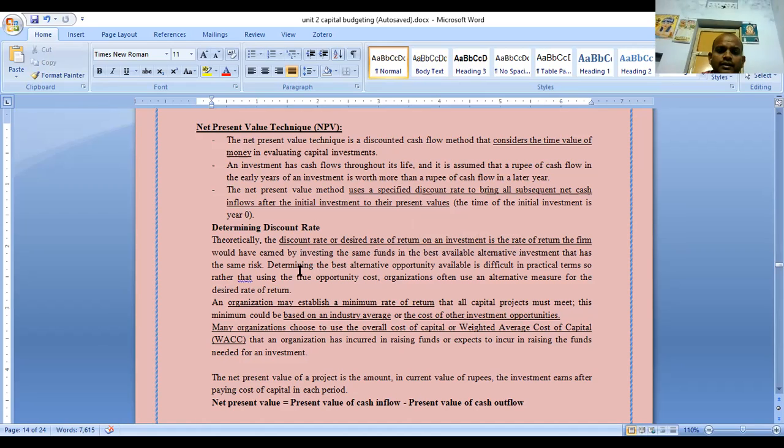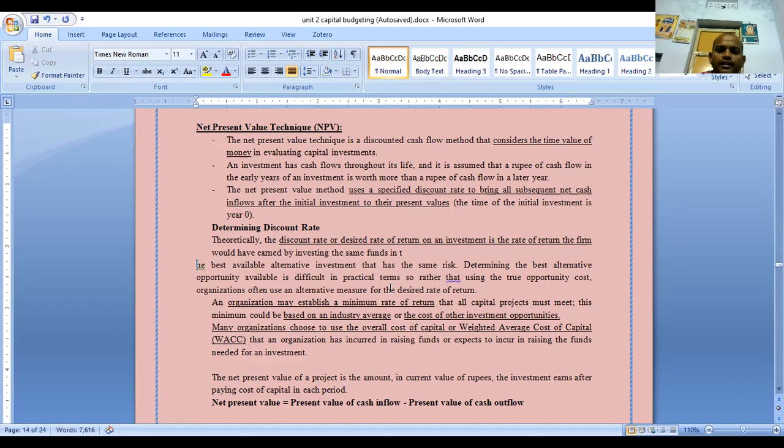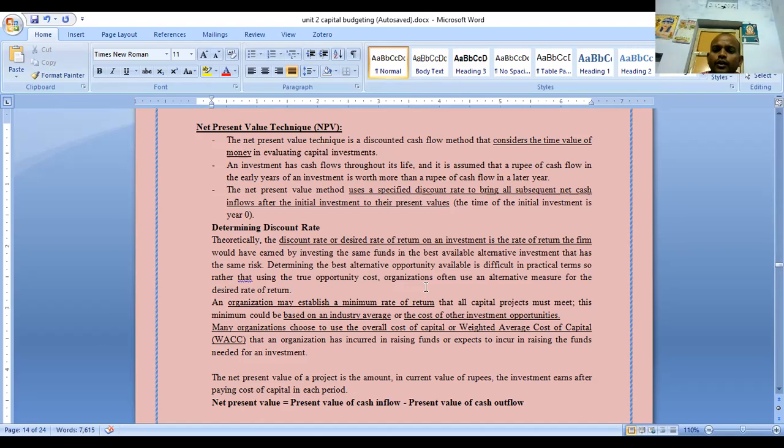And determining the best alternative opportunity available is difficult in practical terms. So rather than using the true opportunity cost, organizations often use an alternative measure of the desired rate of return. It is very difficult to determine the alternative opportunity.